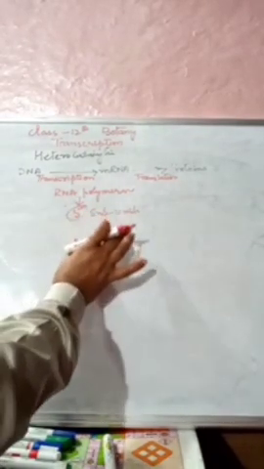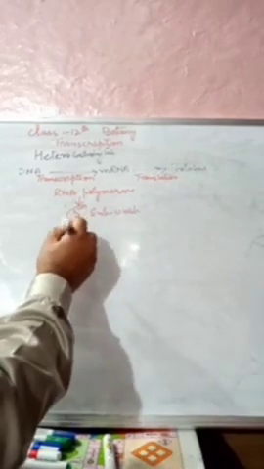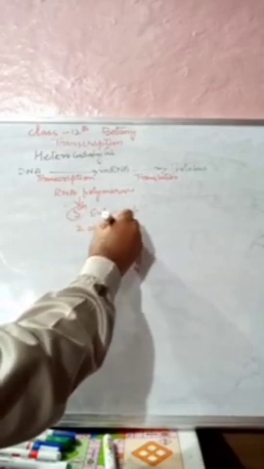Again, RNA polymerase is made up of 5 subunits, which are in two parts. One part is called the core part of the enzyme, and these are 2 alpha units, 1 beta dash unit, 1 beta unit, and 1 omega unit.